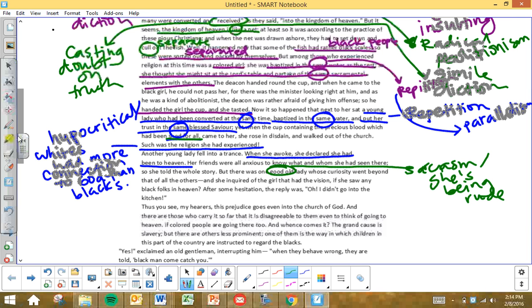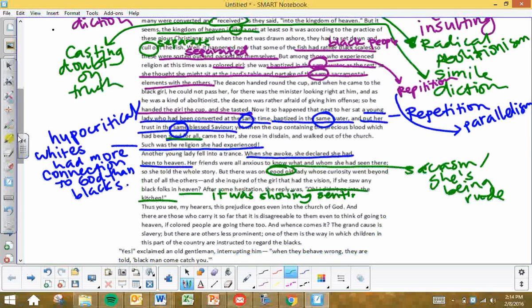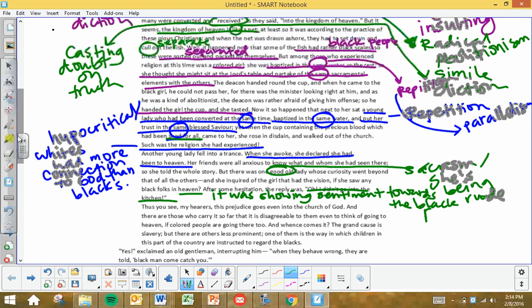Oh, I think it was, right, the black people have a place. They think they can be Christians because they have a place. Black people. That was the mentality.